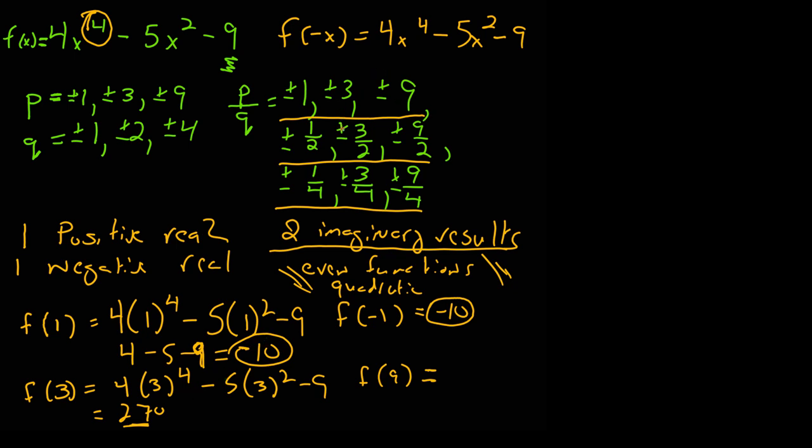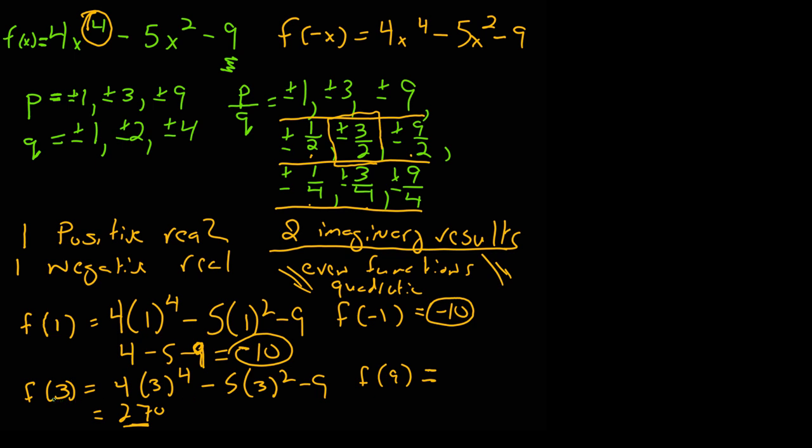So somewhere between 1 and 3, we passed through 0. Let's see what's between 1 and 3. That's not between 1 and 3. That's not between 1 and 3. And that's not between 1 and 3. So we're actually looking at 3 halves. You see what's happening? Our remainder is negative for 1.